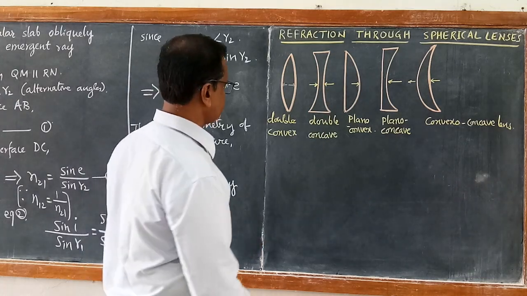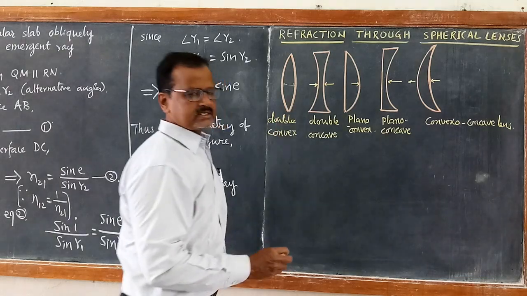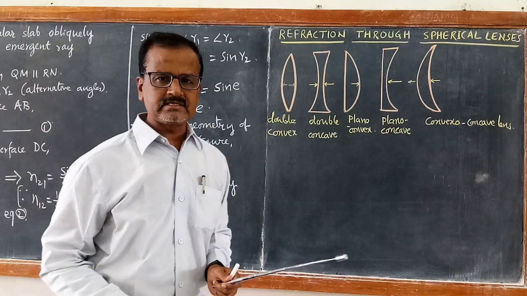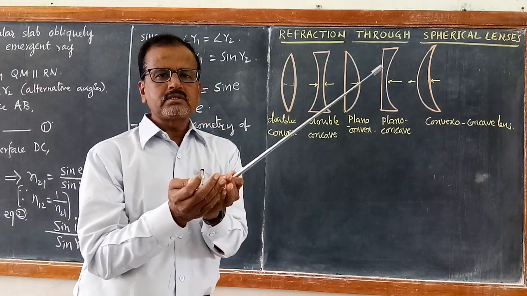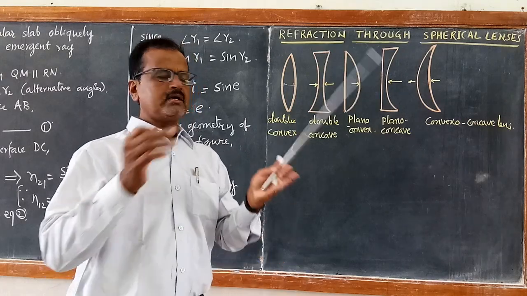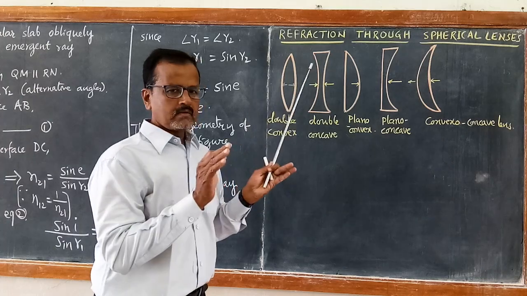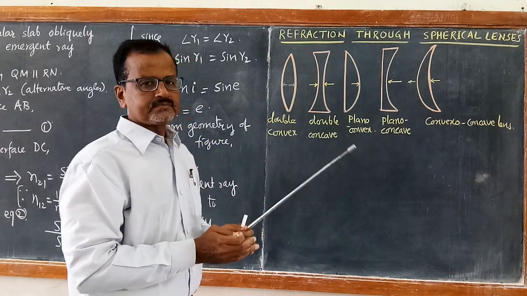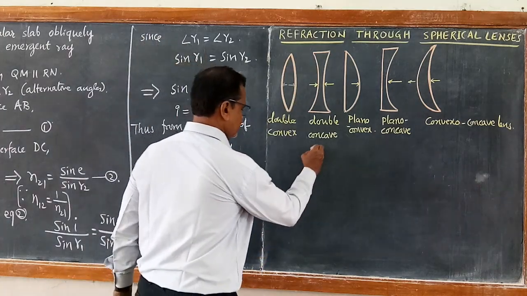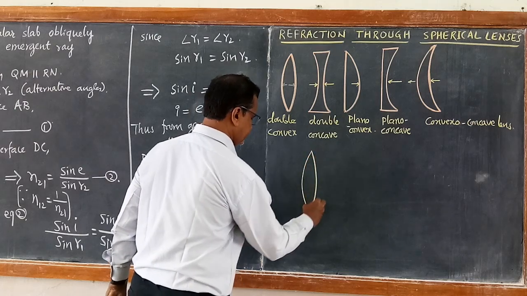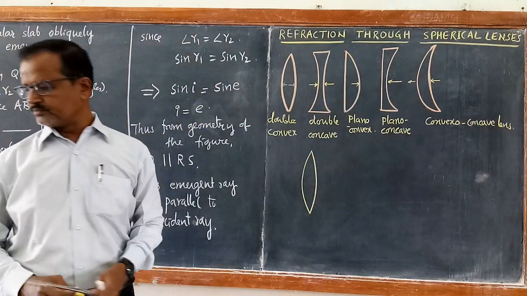Okay, now first, this convex lens. Why is it called a convex lens? Because both surfaces binding it are bulged outwards.